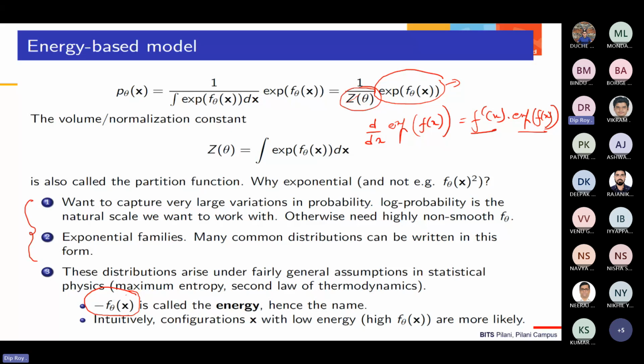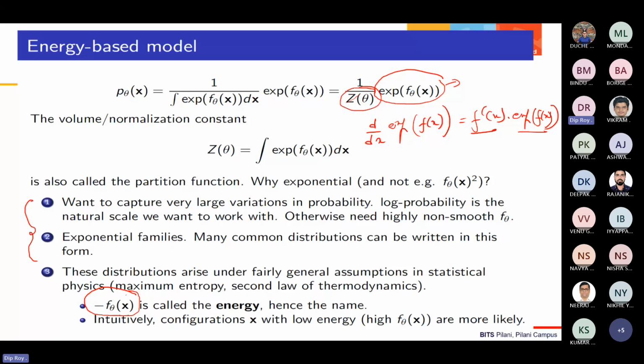Essentially, this terminology comes from statistical physics. If you still recollect, energy functions describe the probability of different states in a physical system. In physics, the system tends towards lower energy states, and the probability of finding a system in a particular state is related to its energy through the Boltzmann distribution.